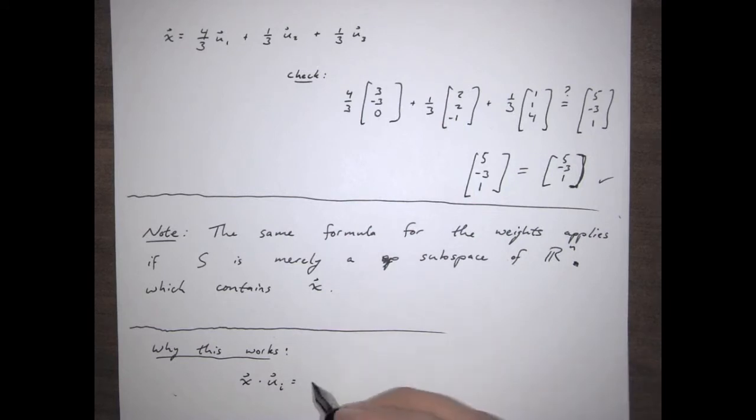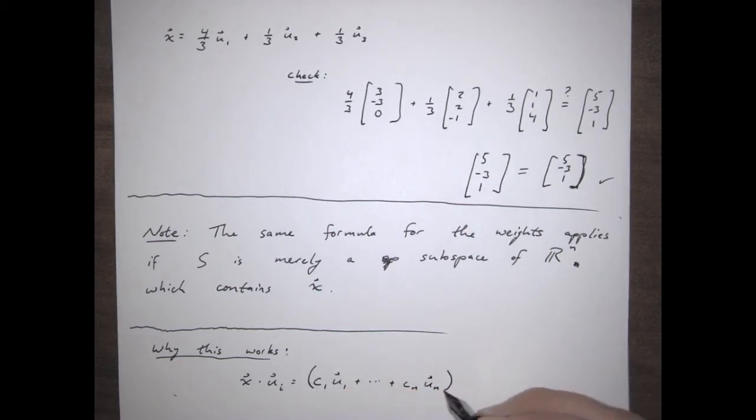So X dot UI is going to be C1 U1 plus dot dot dot up to CN UN, all dotted with UI.